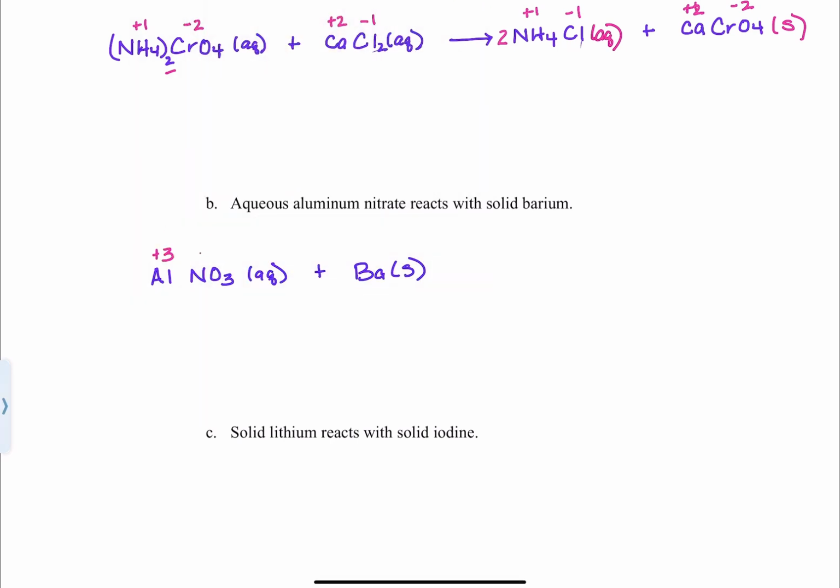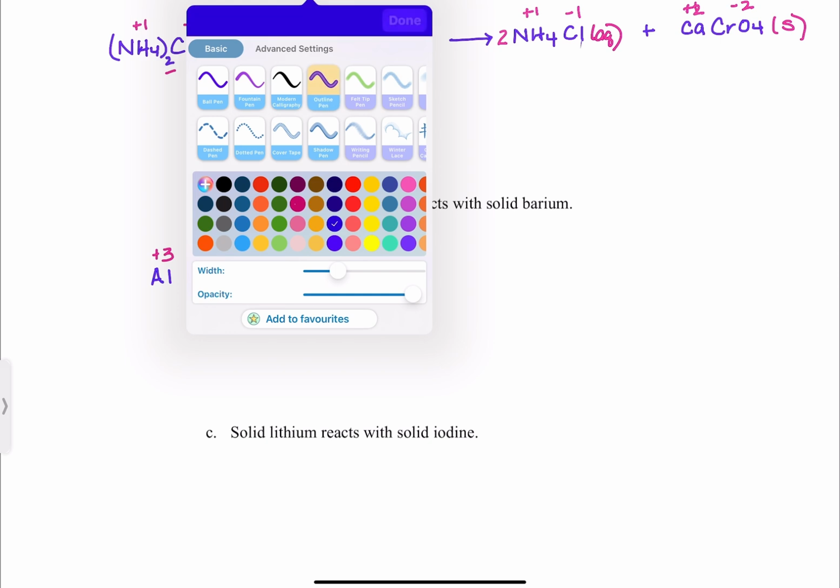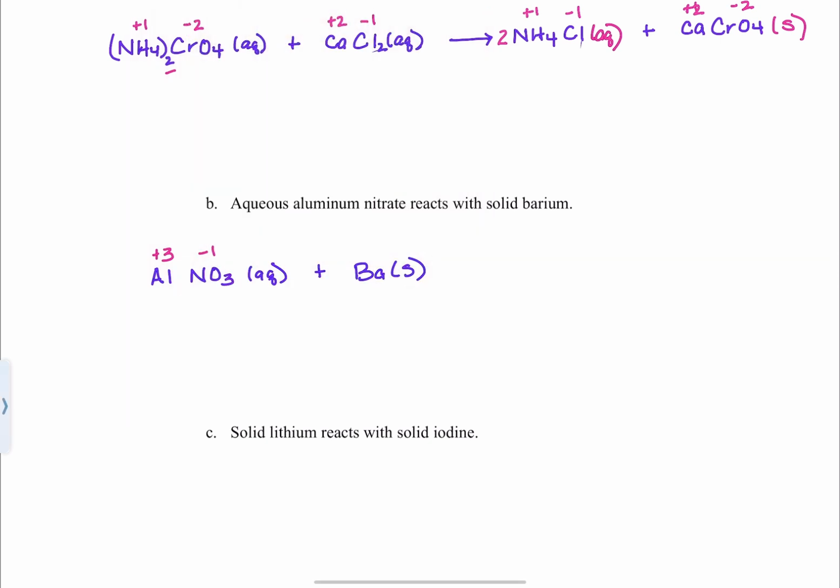Aluminum has a +3 charge and nitrate has a -1 charge, so we have to make sure these charges cancel out. The only way that we can cancel out these charges in this compound is making sure we have 3 nitrate so that we have 3 negative charges total to counterbalance the +3 charge on aluminum. Barium's a solid, so we're good there.